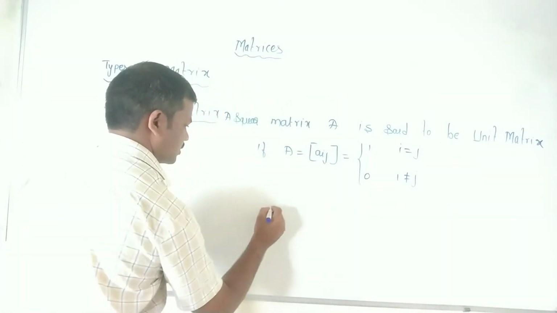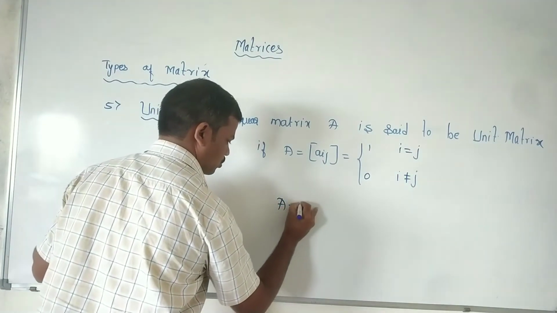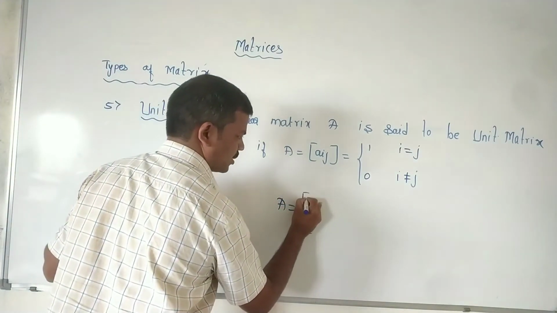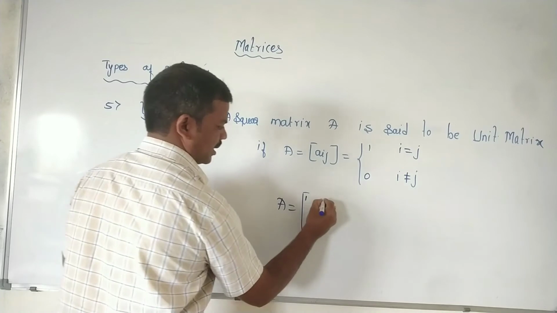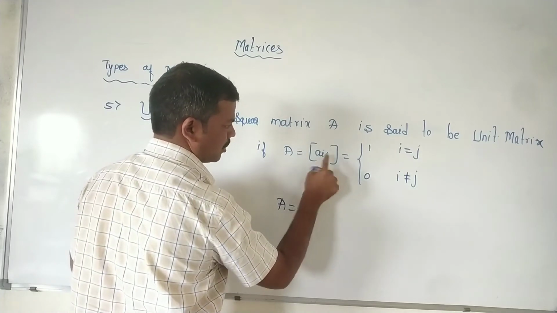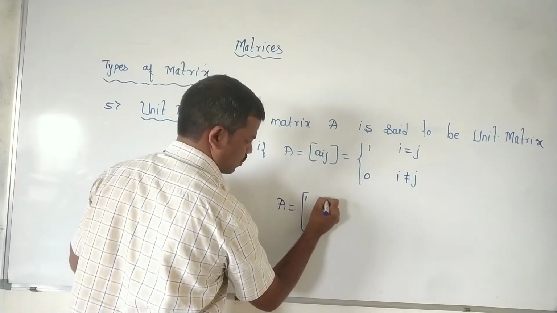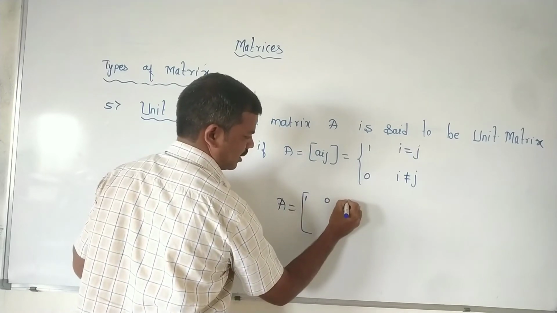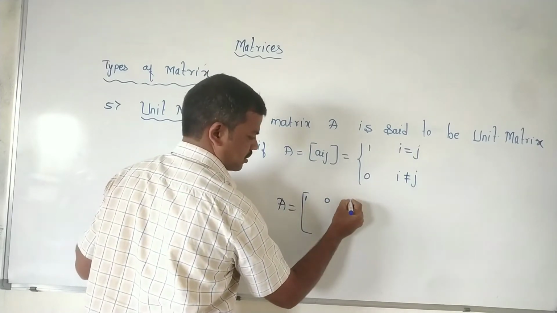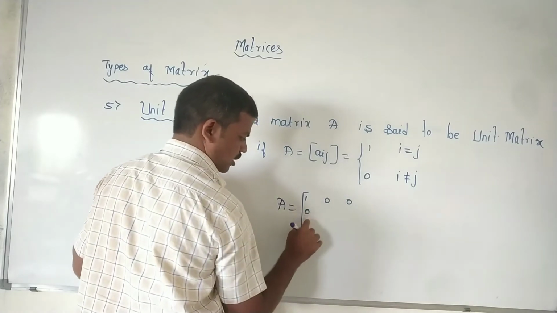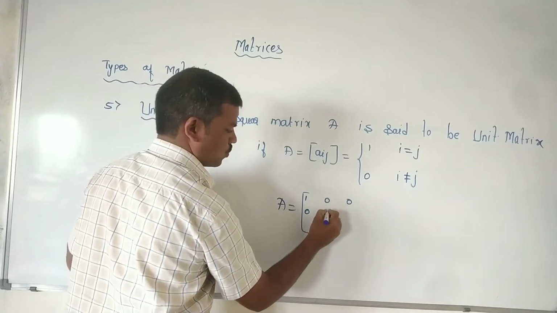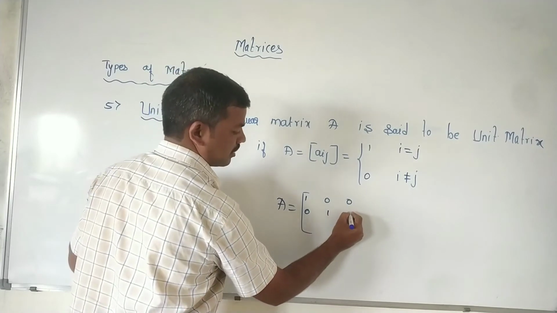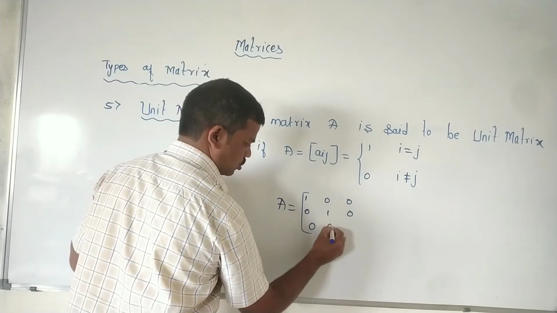Let us write that: A is equal to, A11 is 1, A12 has 1 and 2 different so it is 0, A13 has 1 and 3 different so it is 0, and so on, giving 1 0 0 / 0 1 0 / 0 0 1.